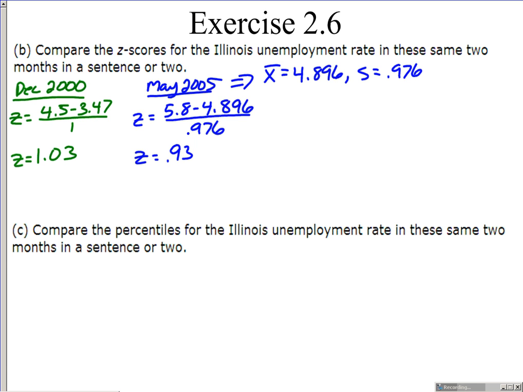Okay, so comparing these two z-scores, which one did Illinois have a smaller unemployment rate compared to the national average?